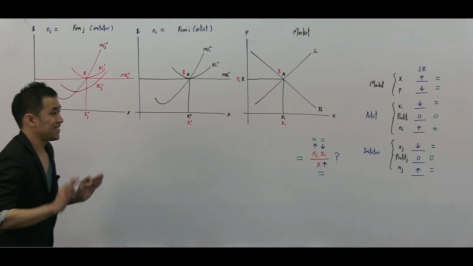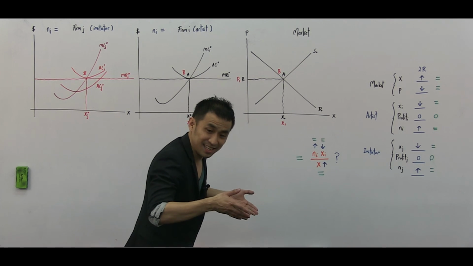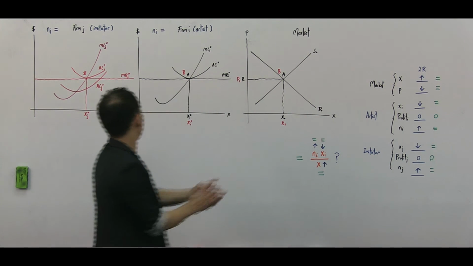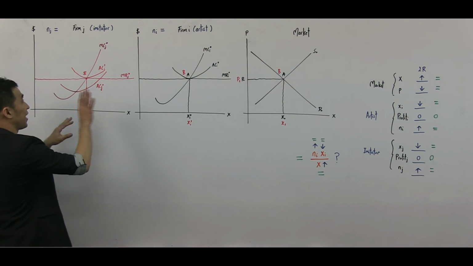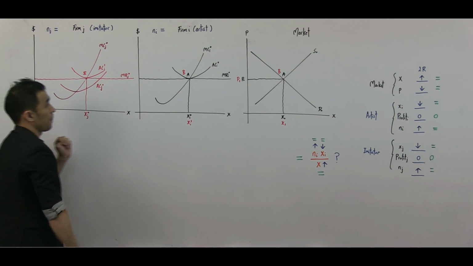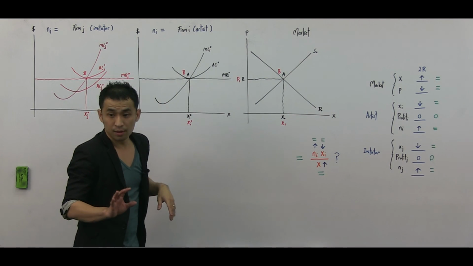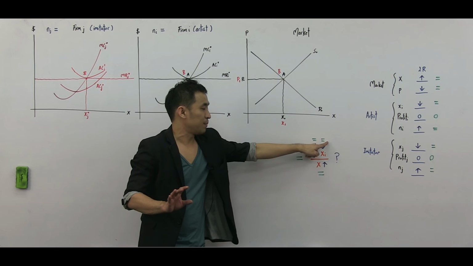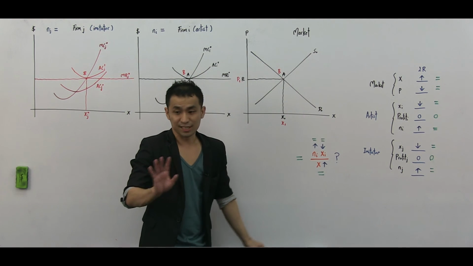You adjust it nicely so that when they come in, they would enjoy a profit, but they have to pay a lump sum tax, which takes away all their profit. You can actually give rise to a situation where both will still be supplying to the market, but the imitator coming in has no impact on the artist at all. The number of artists is still the same, each one produces the same amount, and the market quantity is the same, so the market share of the artist is the same.